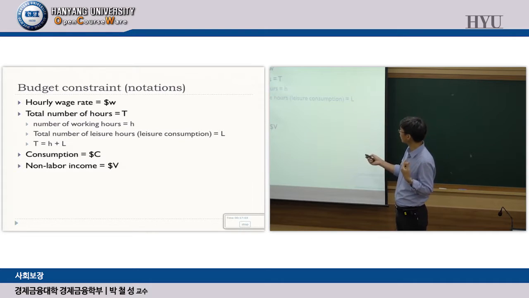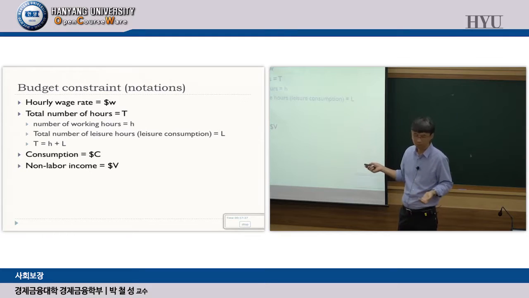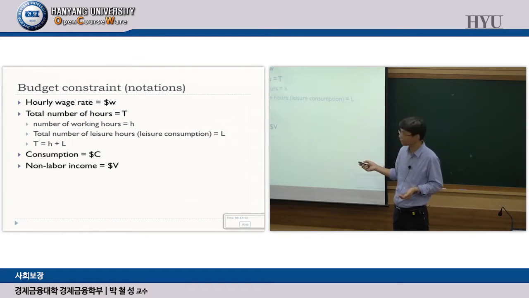And then leisure hours, we use L, uppercase, because lowercase l looks like 1, so it's better to use uppercase. So T equals H plus L. By the first assumption, T must be equal to H plus L.